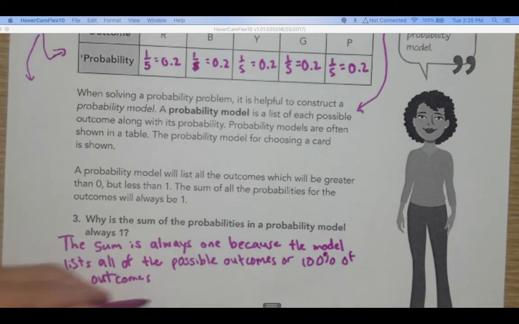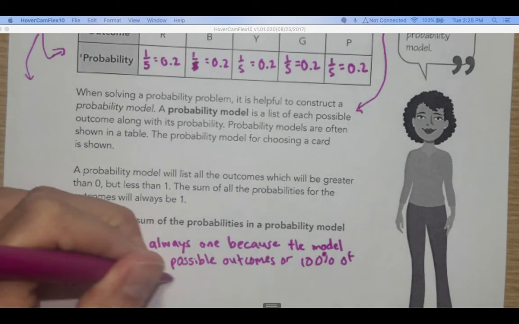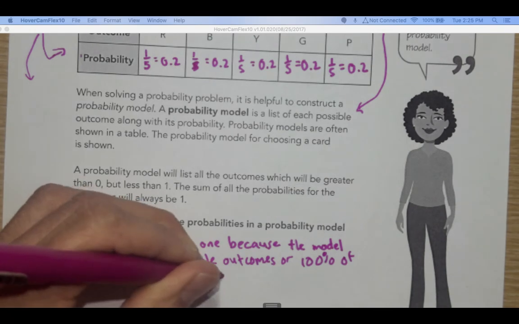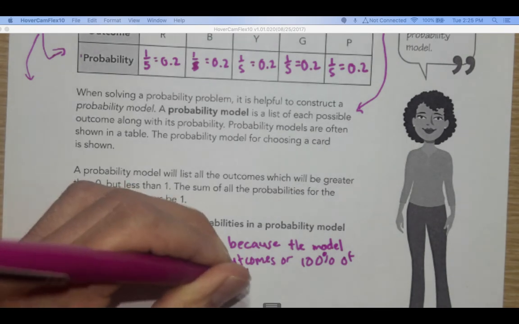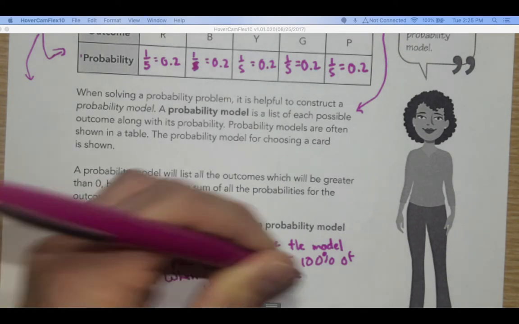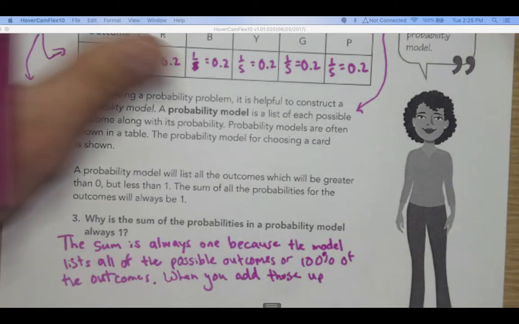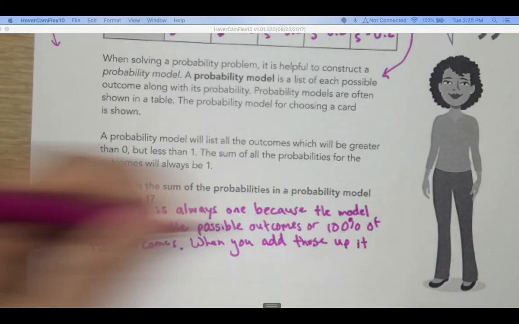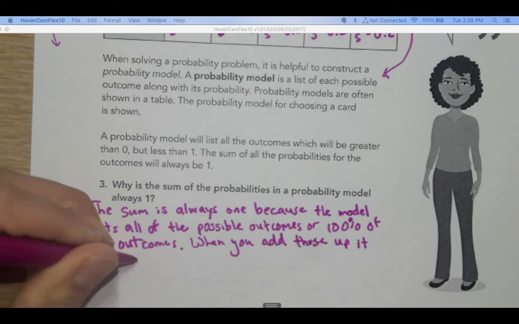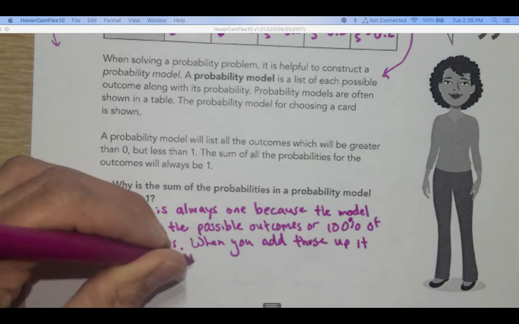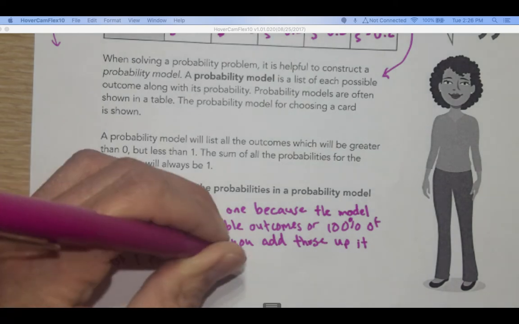When you add those up, it must be 1 for all the outcomes.